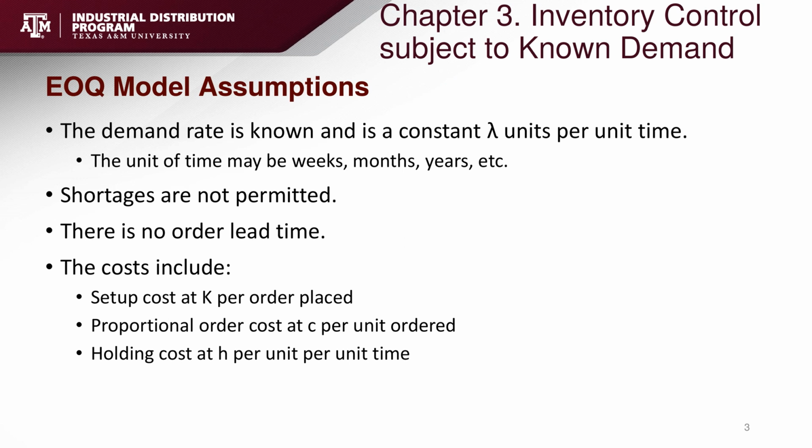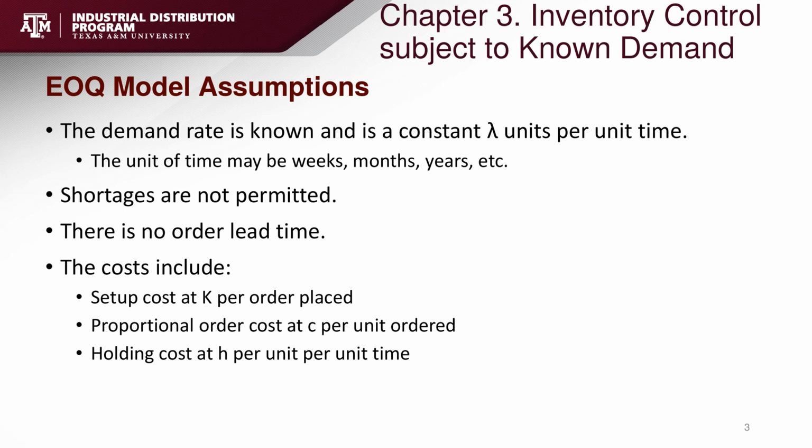First, demand is known and constant. We call that rate lambda, units per unit time, and that unit of time can be weeks, months, or years, whatever fits. Second, no shortages allowed. That means we have to satisfy all demands. Third, there's no order lead time, so as soon as we order the product, we receive it, and we'll relax that one later and work with lead time as well.